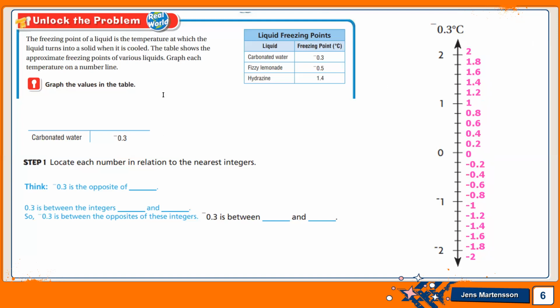See here. Look here. This is number 2. This is number 1. 2 minus 1 is 1. How many dashes do you have between them? 1, 2, 3, 4, and 5. Got it? Then 1 divided by 5 is 0.2.